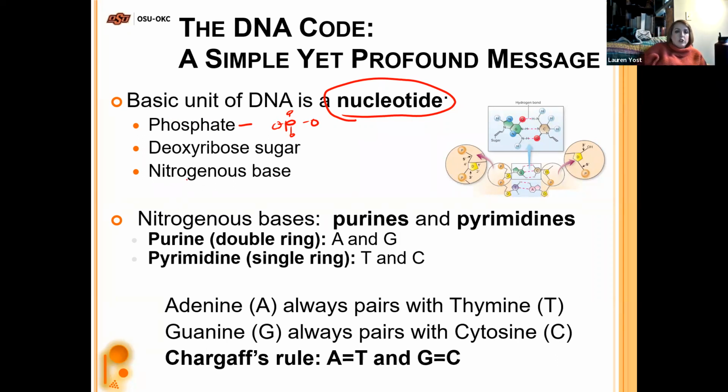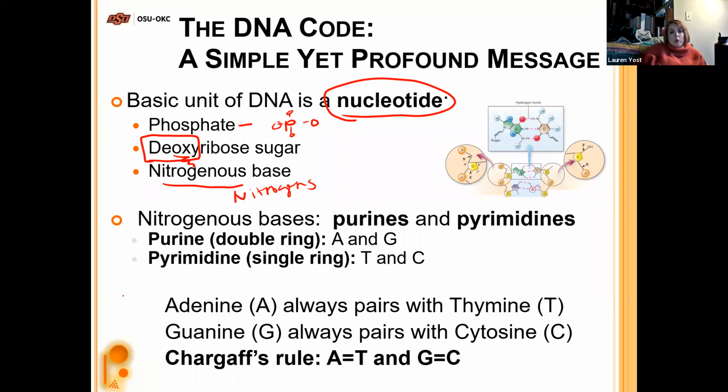Okay, moving on. The sugar for DNA is deoxyribose. So that deoxy here, we've removed literally an oxygen. That's all the difference is with the sugar for RNA, which is just ribose. And then we have the addition of a nitrogenous base. Nitrogenous just means it has a bunch of nitrogens. It doesn't mean anything fancier, okay? There are 4 possible nitrogenous bases in DNA.